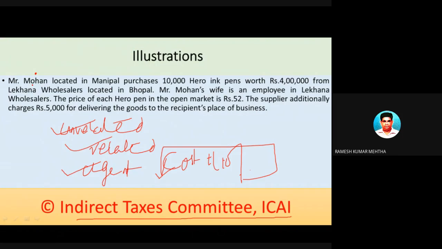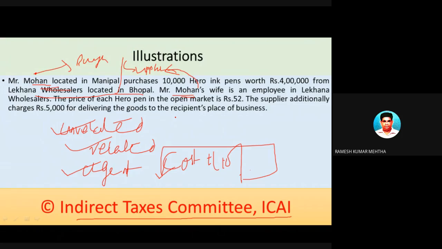In this case, Mohan is the buyer, and Lekhana Wholesalers of Bhopal is the supplier. However, the buyer's wife is working in this company, and hence we may assume that there is a relationship between the buyer and the seller.